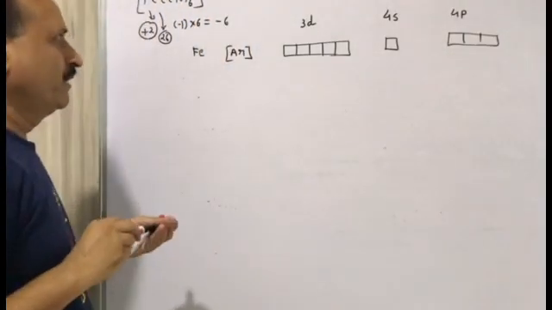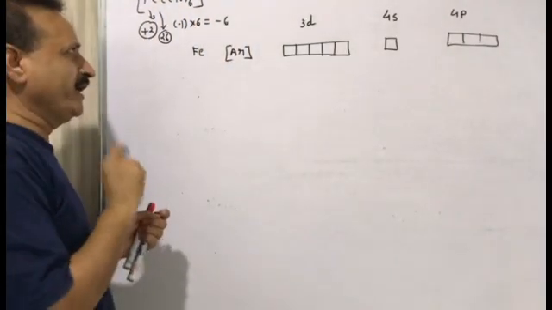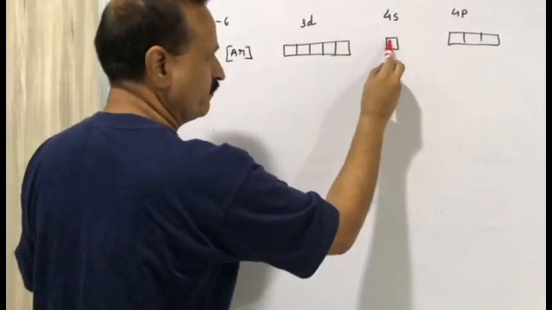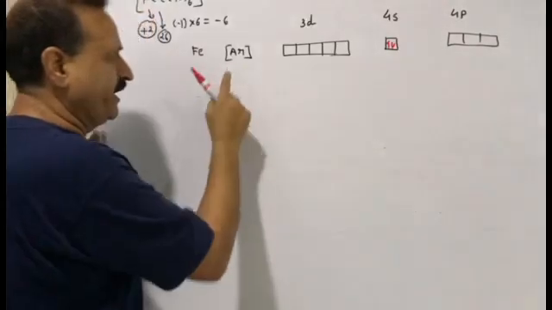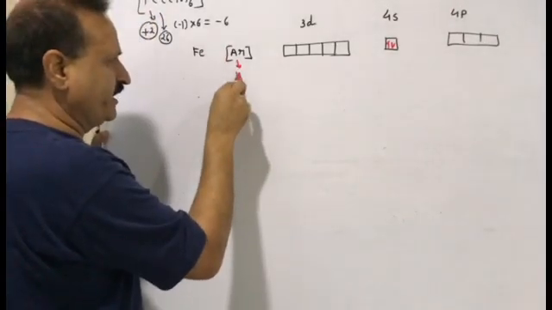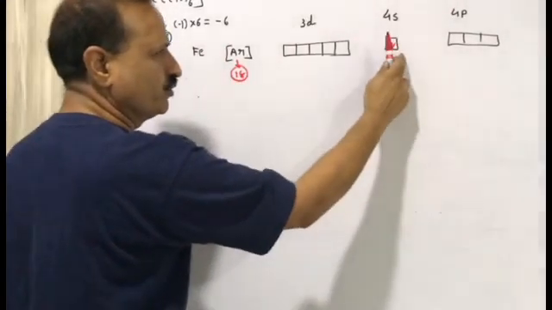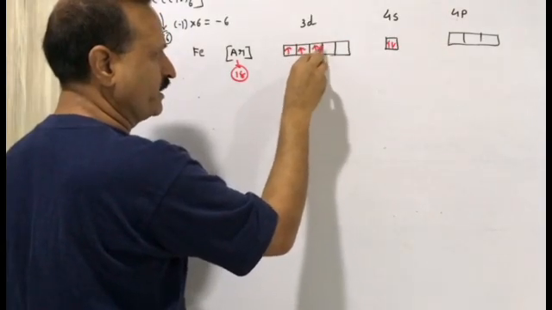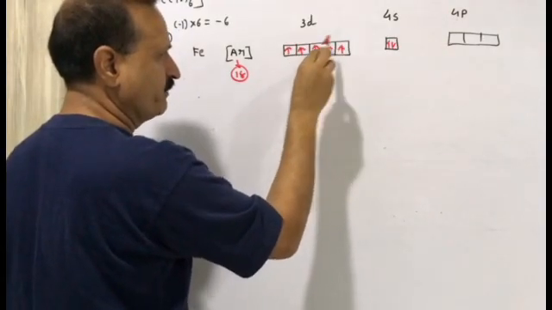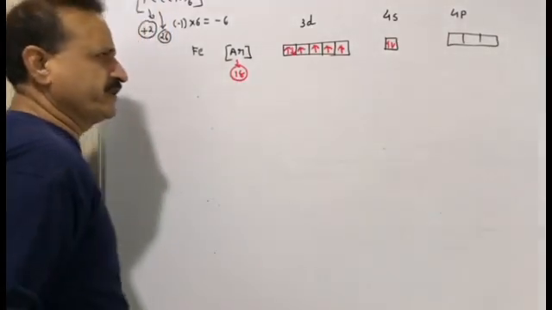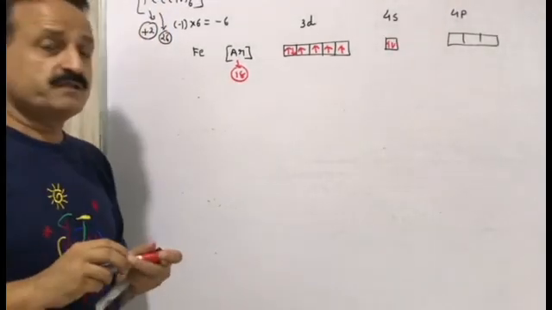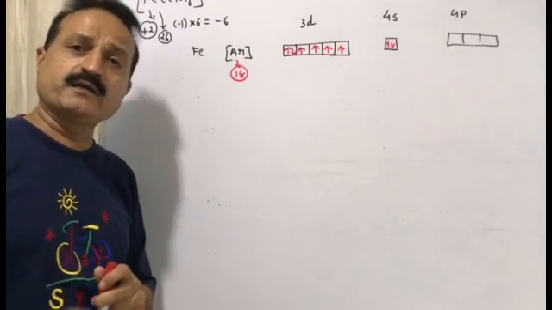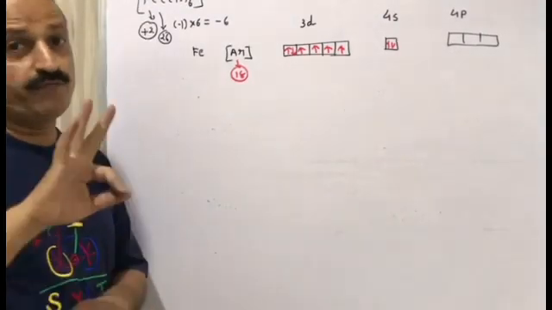Clear? Now we have to fill 26 electrons. 4s will fill first. So argon is 18, plus 2 is 20, then 21, 22, 23, 24, 25 and 26. This is the electronic configuration of the metal ion ferric. Sorry, ferrous, not ferric.